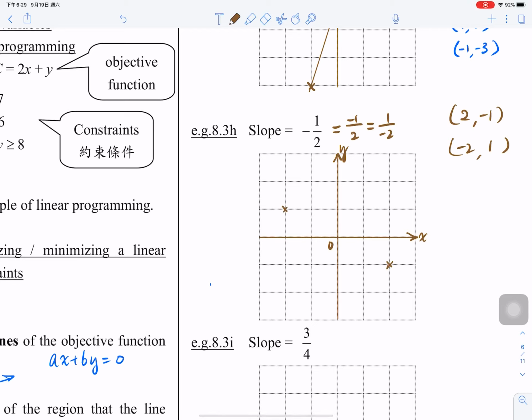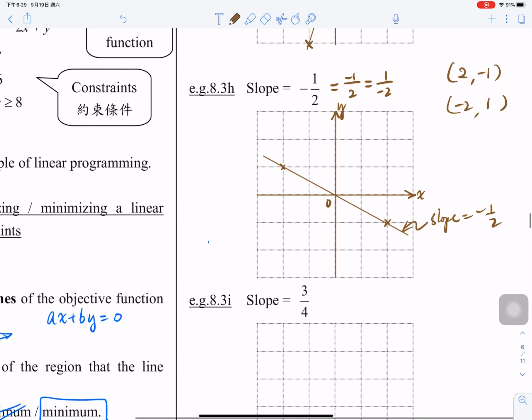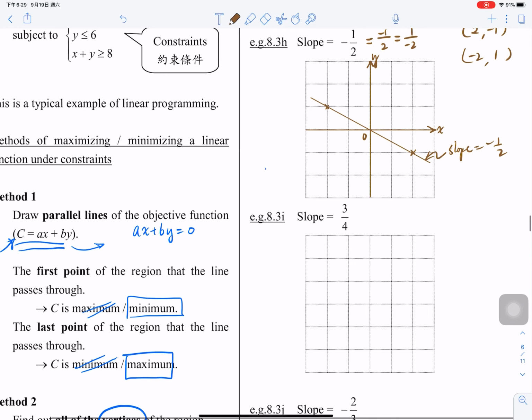Negative 2, 1. You find that a straight line passes through, so this one has slope equal to negative 1/2.